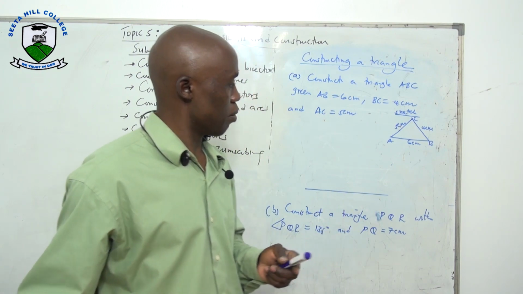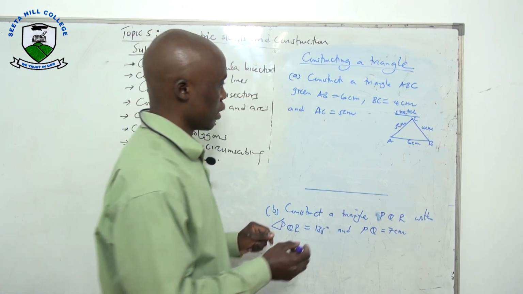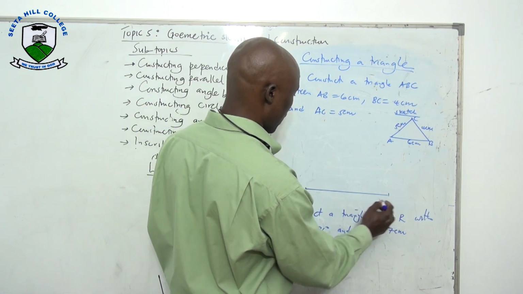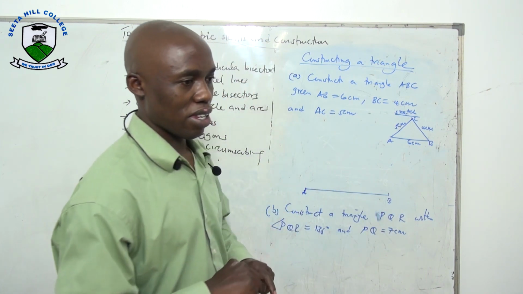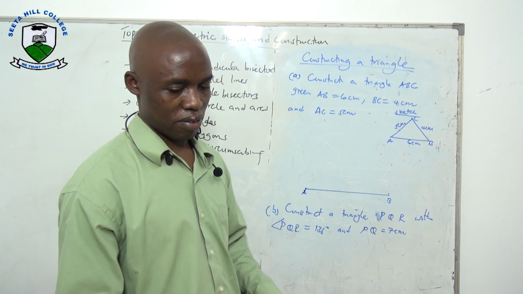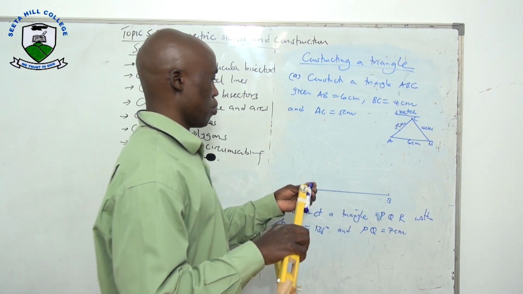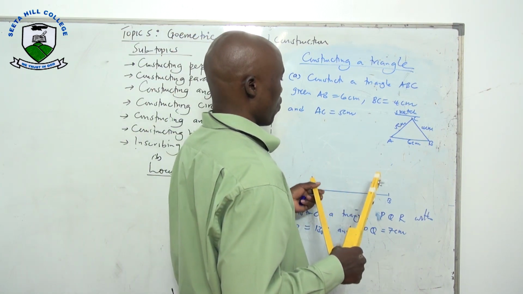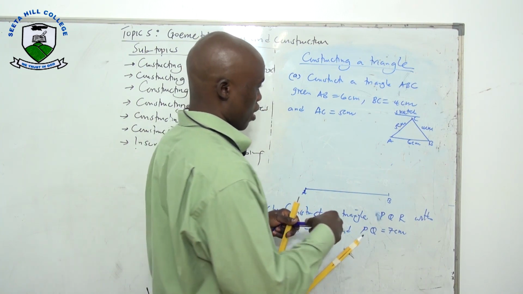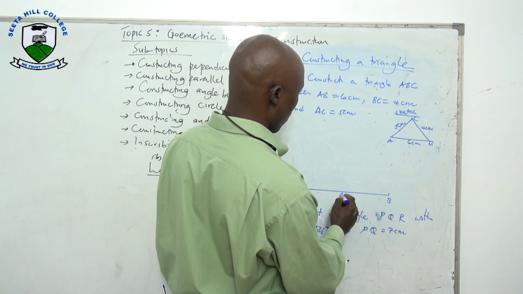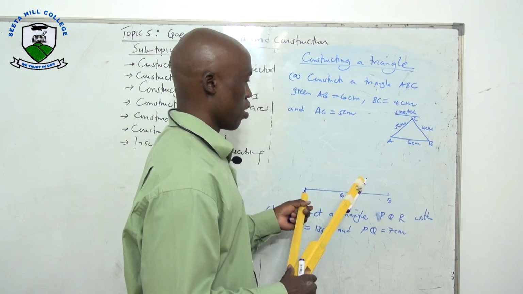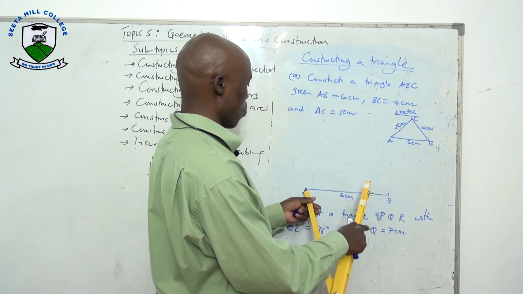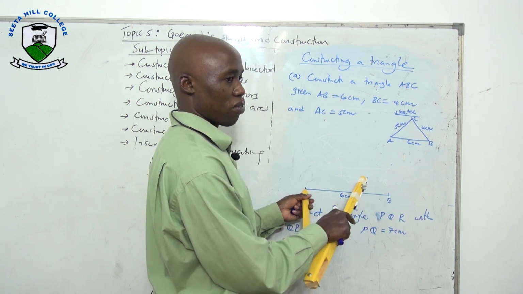That means we just keep measuring the length, see? Have you measured your 6, AB, already? This is 6. Then each length you have to measure. Now you measure 5.